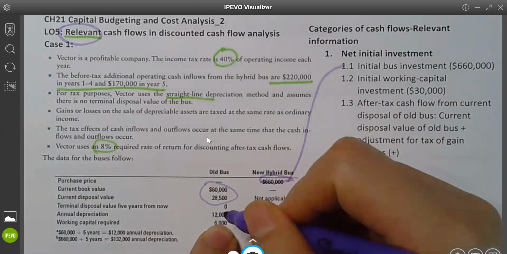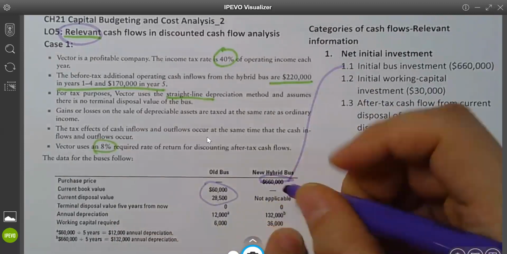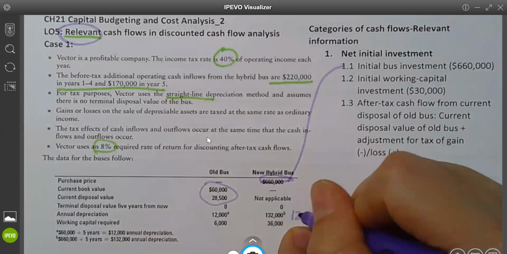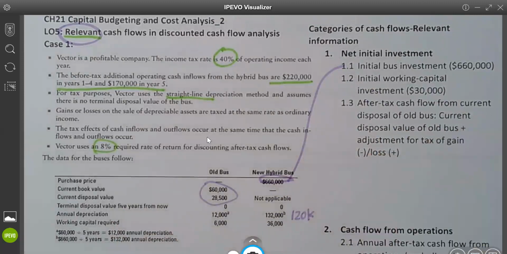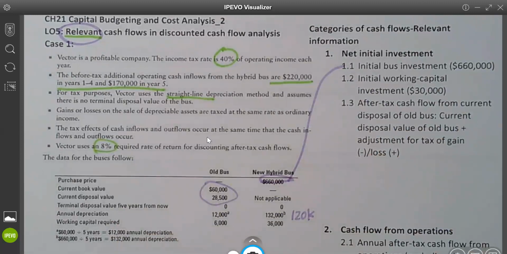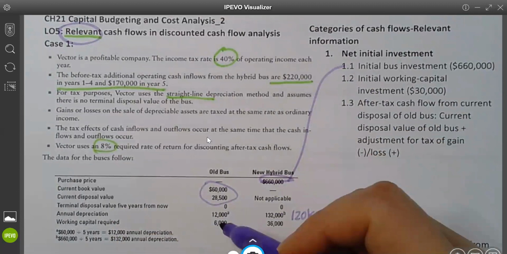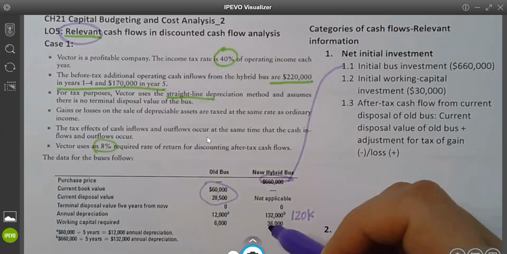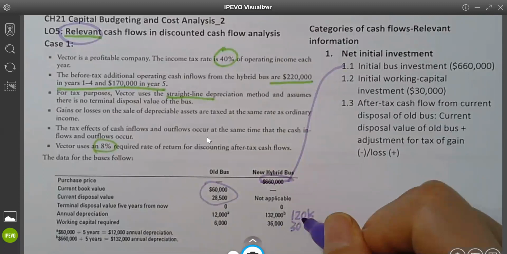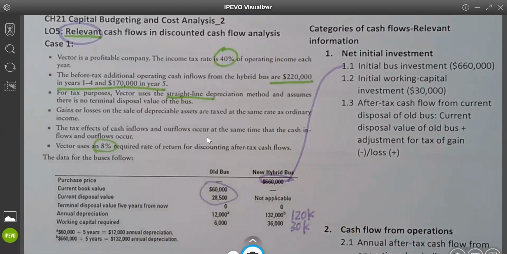Your old one is 12,000, your new one is 132,000. So your relevant depreciation expense, your extra depreciation expense, will be 120,000. And your old working capital 6,000, your new working capital 36,000. So your relevant working capital will be 30,000.